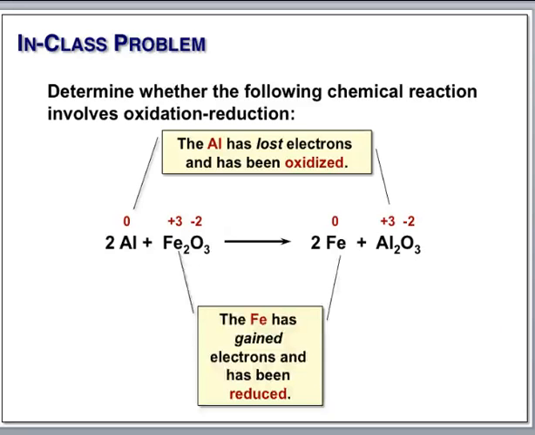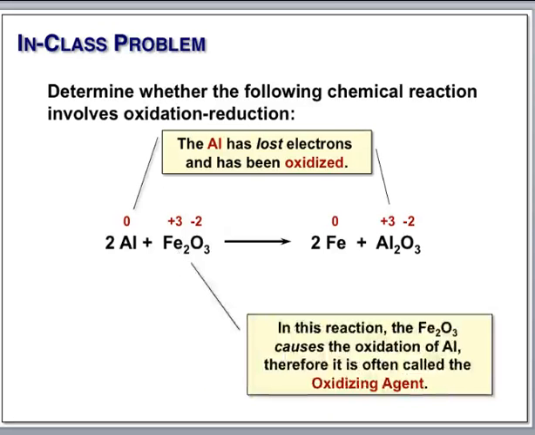That was the iron. Therefore, we say that since aluminum was oxidized, the guy that did it was the iron, and we call it an oxidizing agent. That's just the guy that did it.